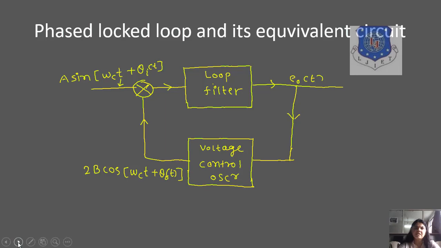The input signal, A sin(ωct + θi(t)), is multiplied with the signal produced by the voltage control oscillator, which is 2B cos(ωct + θ0(t)). The loop filter is a low pass filter. The output produced by this is e0(t).